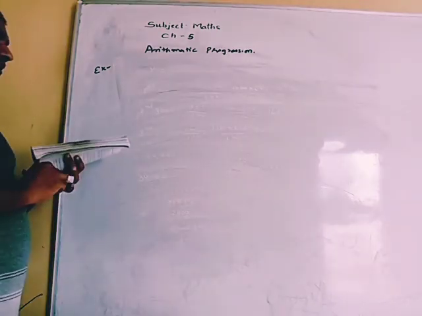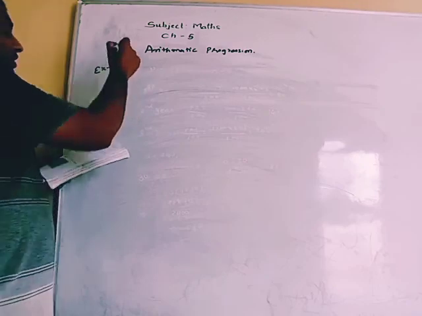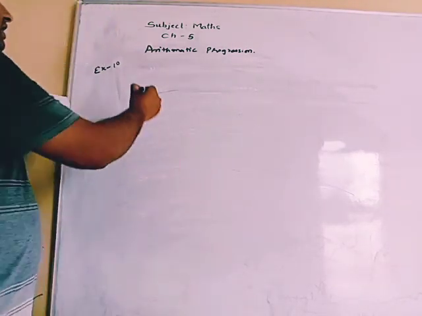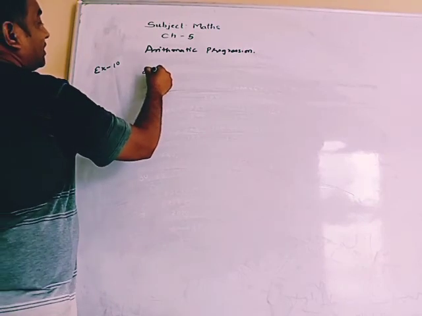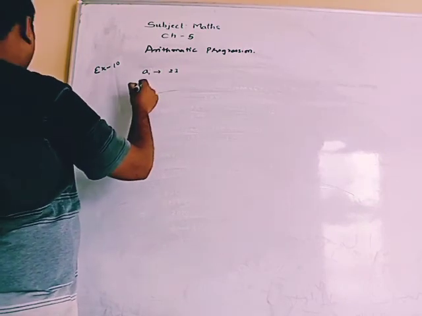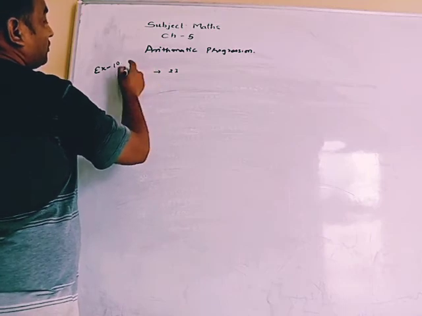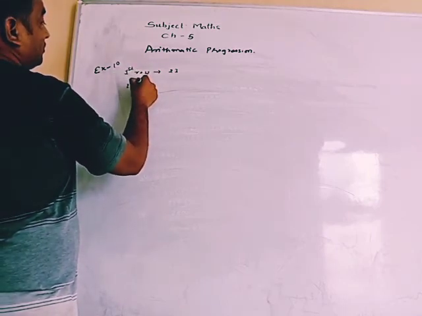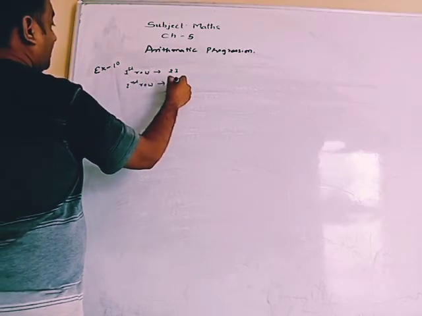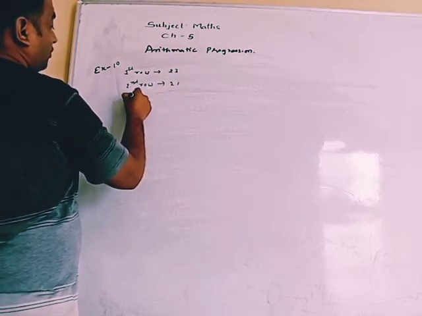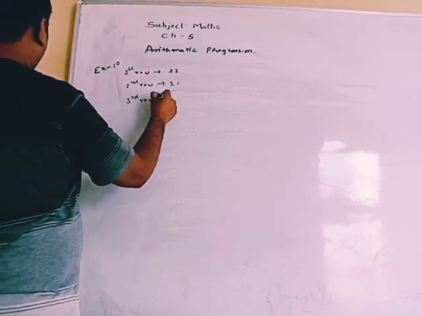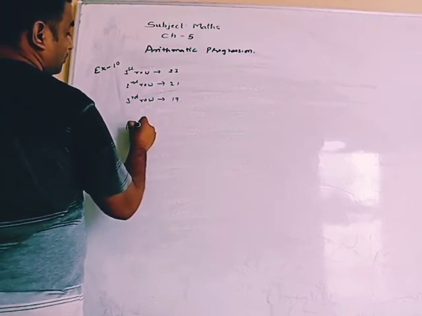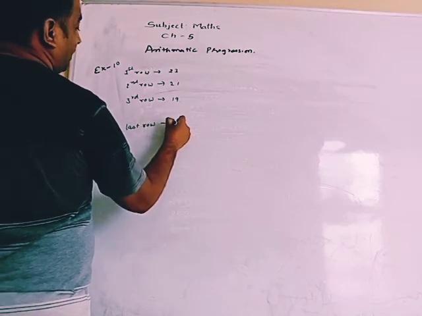Now question 10: in a flower bed there are 23 rows. In the first row, a1 is given, there are 23 plants, the second row has 21 plants, the third row has 19 plants, and the last row has 5 plants.